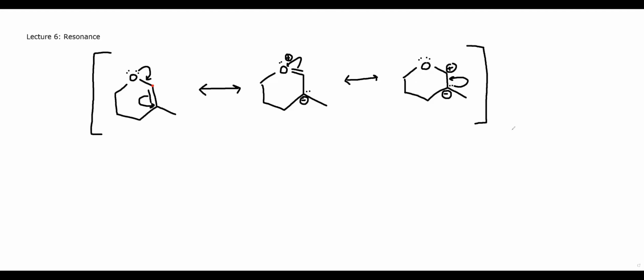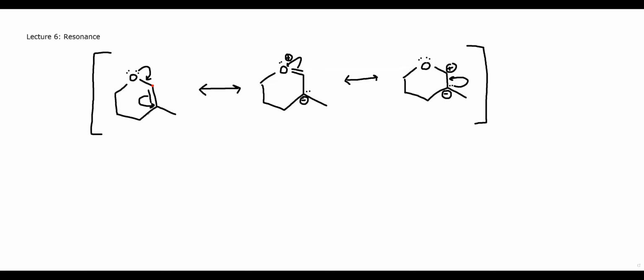So all of these could be potential resonance structures of the molecule. Okay. None of these are fully correct. The true electronics of the system is an average of these three based on their overall impact. And that's something we'll discuss next class, the impact that each resonance structure has, which ones are most important, which ones are less important, and get an idea of the overall electronics of the system.